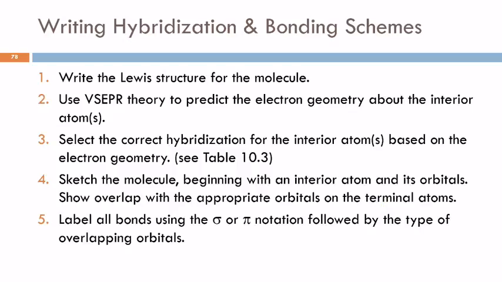The orbitals on the terminal atoms are going to be the half-filled orbitals in their regular electron configuration. And then label them sigma or pi. Sigma is the end-to-end. Pi is the side-to-side overlap. Followed by the type of overlapping orbitals. So the element symbol, and then in parentheses, the type of orbital, and a dash, the other element symbol, and the type of orbital.